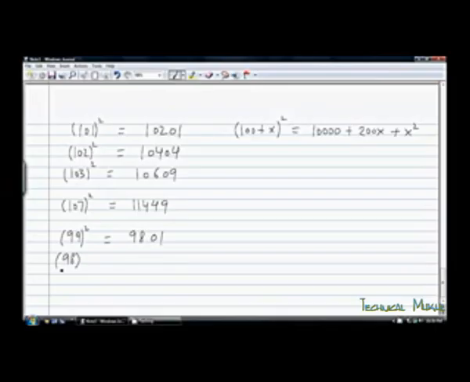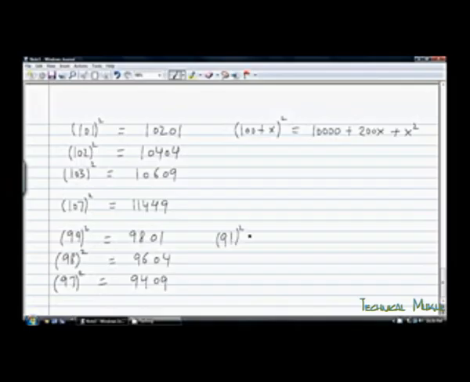Similarly, 98 squared will be 9604, and 97 squared is equal to 9, 3 twos are 6, so 94, and 09. So I can go until 91.